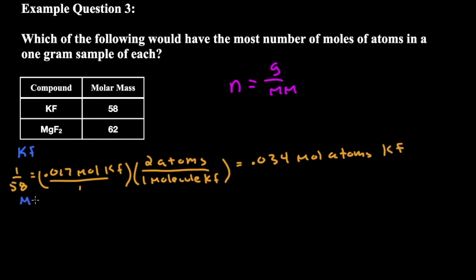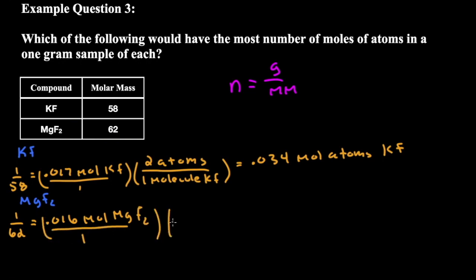And so now let's try MgF2. We're going to have 1 gram, just like before, and we're going to divide that by 62. And that's going to be 0.016 moles of MgF2. And so what we'll do now is a dimensional analysis just like before, and we're going to say that for every 1 molecule of MgF2, that's going to be 3 atoms because we're going to have 2 atoms of F and 1 atom of Mg.